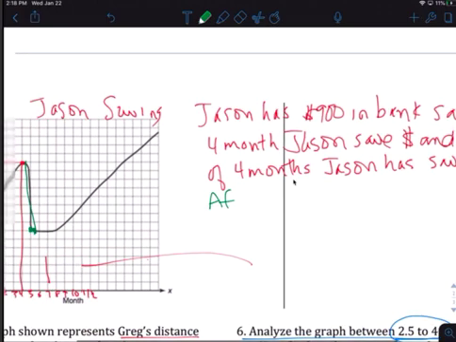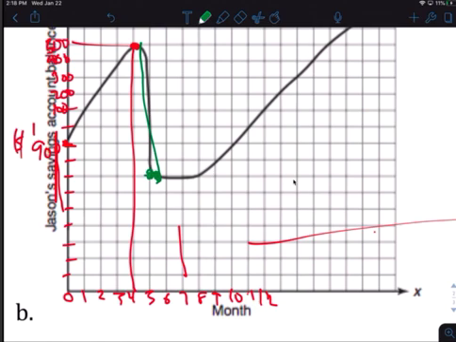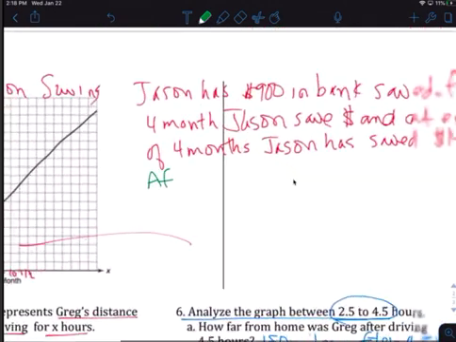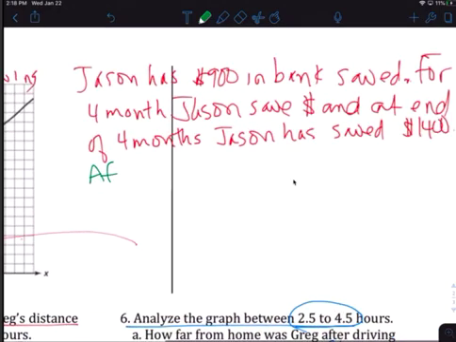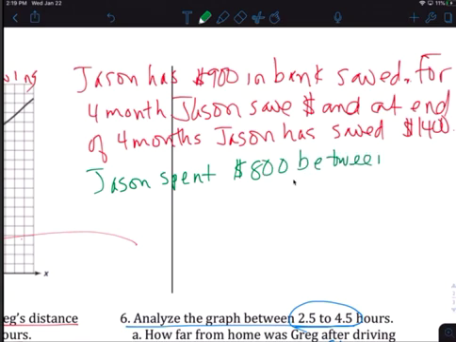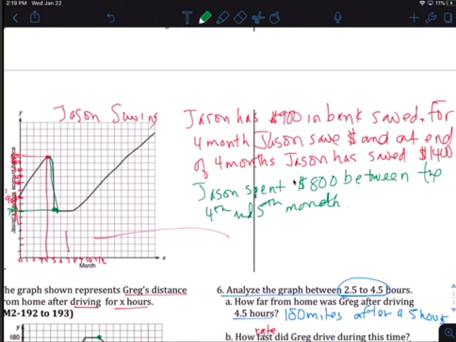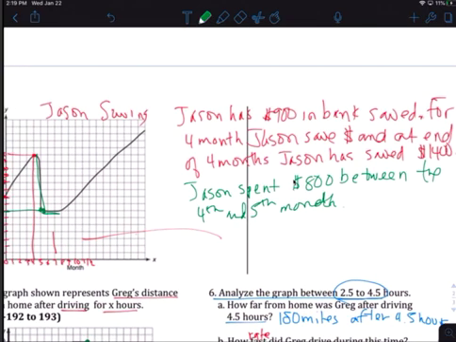After this, he spent money, right? From month number 4 to month number 5, he spent a lot of money. He only had $700 left, so he spent $800. By the end of the 5th month, Jason has spent $800 between the 4th and 5th month, and has $700 in the bank saved.